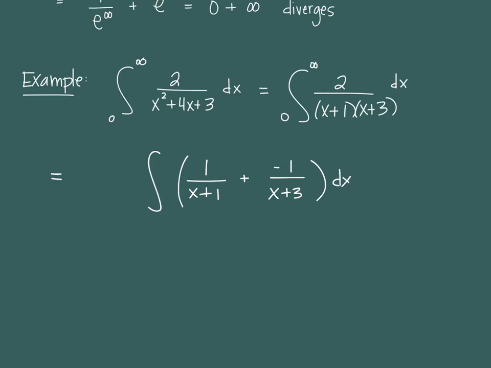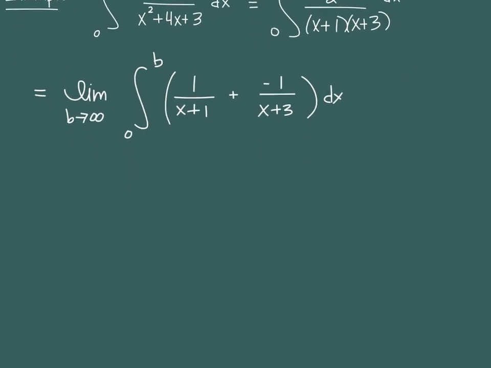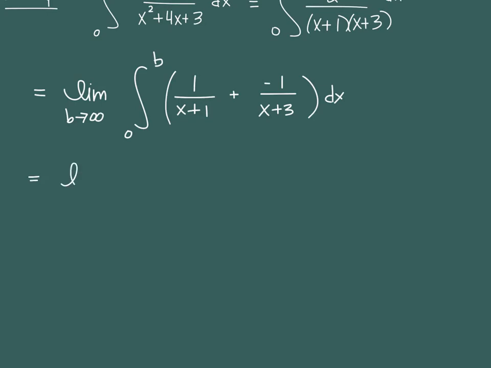Okay, my lower bound is going to stay 0. What will my upper bound change to? I think B is better at the top, but it would be fine if you did A, as long as whatever you pick goes to infinity. Okay, partial fractions is done. Okay, and then we'll do our antiderivative.